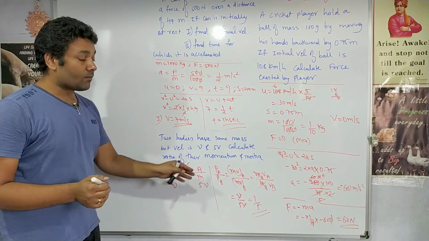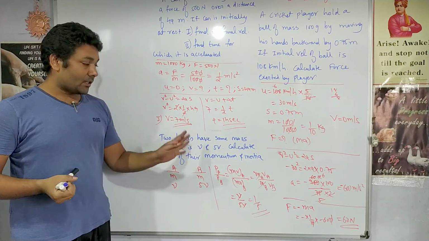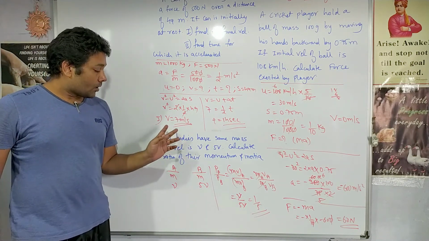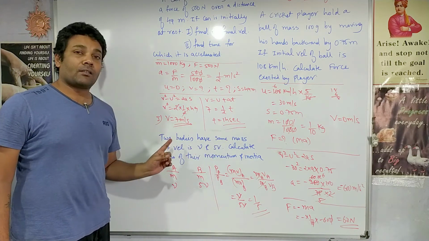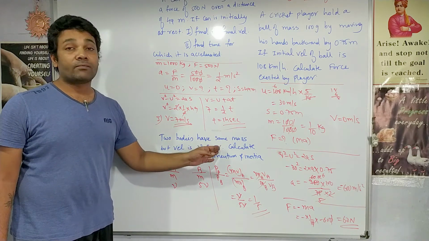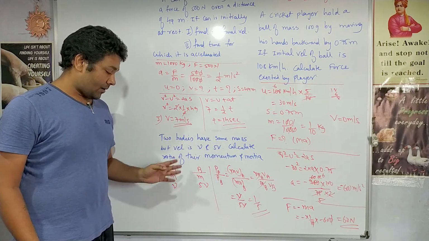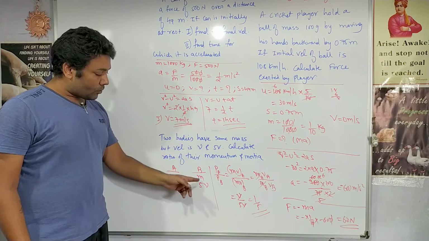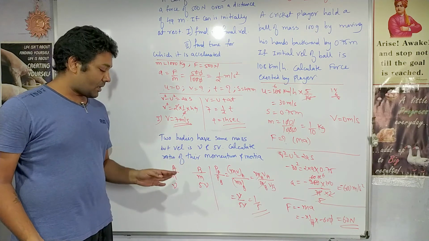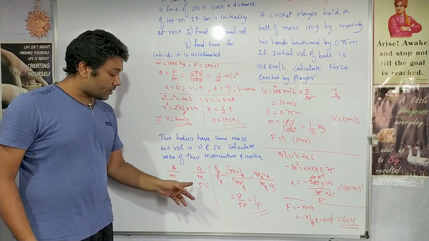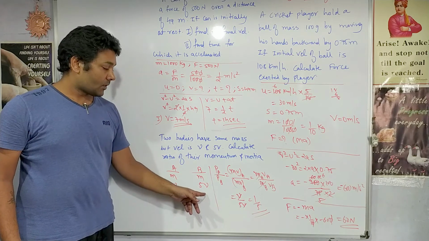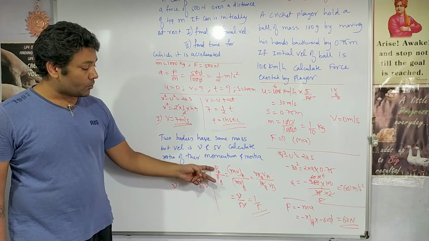This is a different kind of sum. Let us see once again. The question is, two bodies have the same masses but velocities v and 5v. Calculate the ratio of their momentum and inertia. Both of them have the same mass, so let us say mass is m, and velocities are given as v and 5v. First, the ratio of momentum.